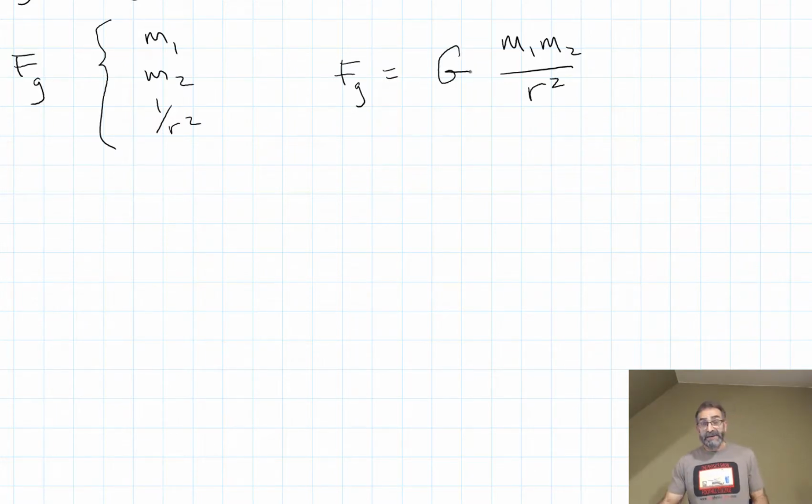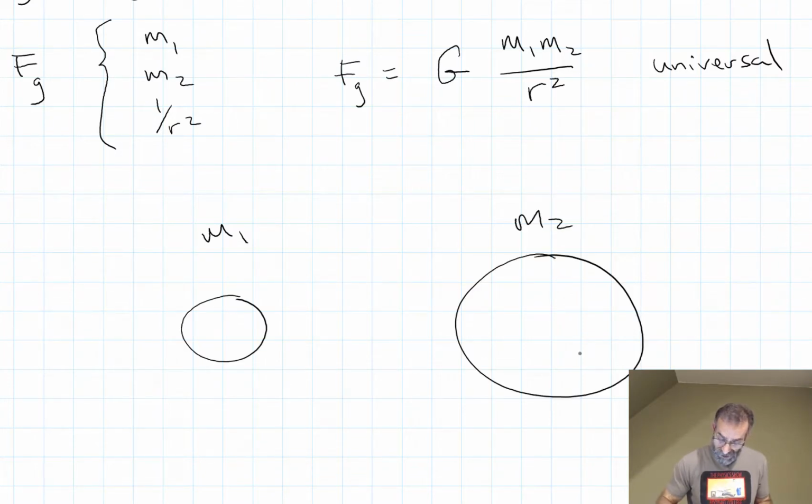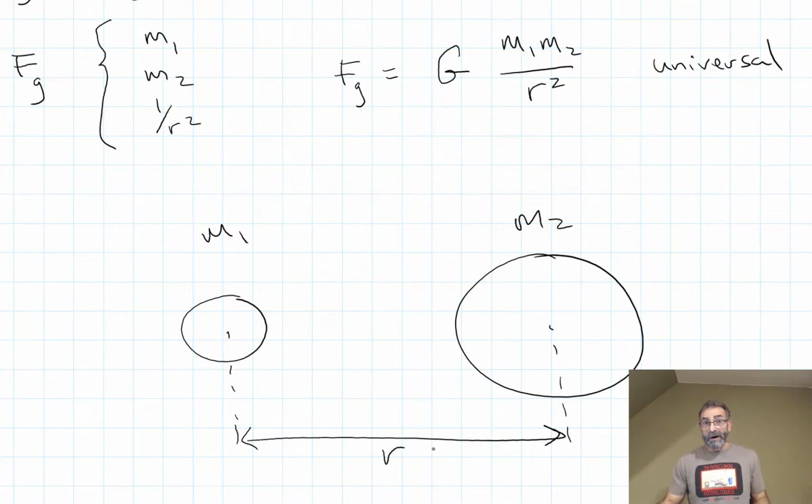We call that capital G, the universal gravitation constant. And this is our universal law of gravity. Any two masses, m1, m2, and the distance between them, r.